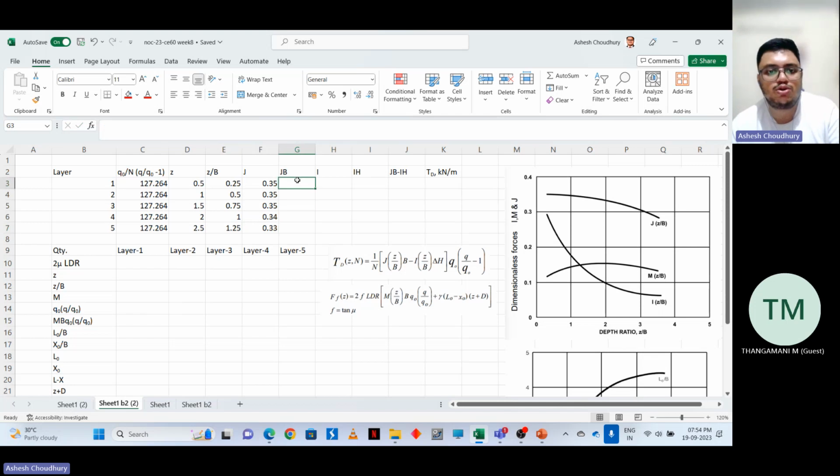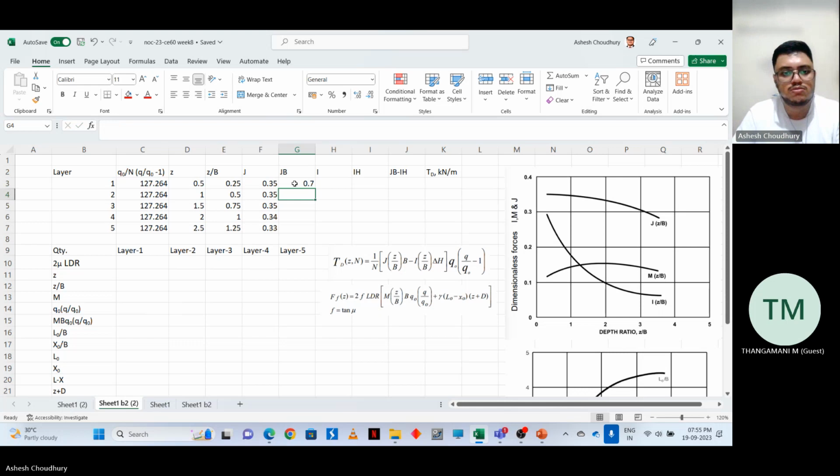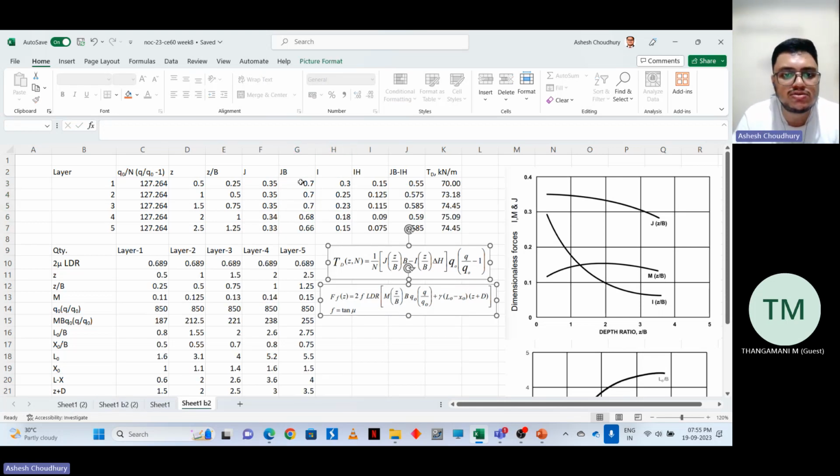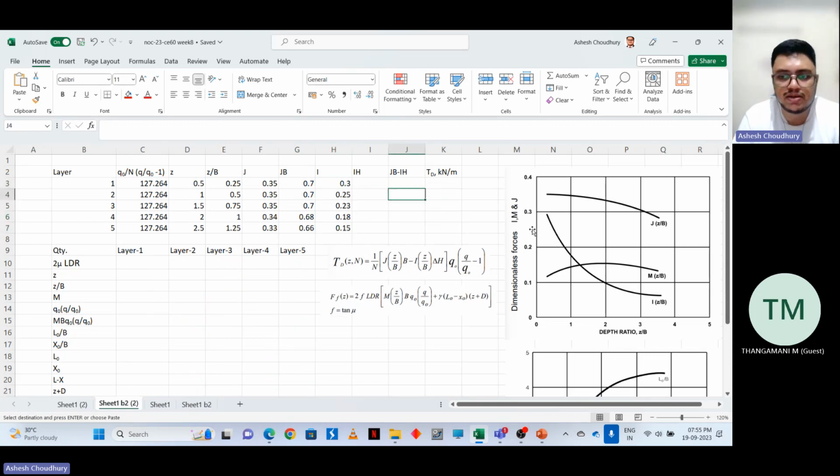Okay. J into B, J times now 2. Similarly, I is approximate I values you can get. I will just copy the I values from here. I just got that before. Let's check all these values as approximate values I have got.